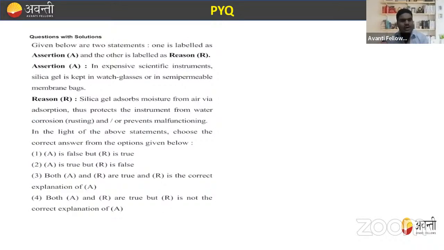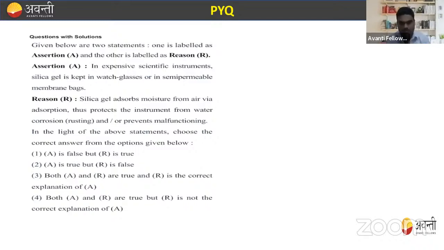Now, given below are two statements. One is labeled as assertion and the other as reason. Assertion: in expensive scientific instruments, silica gel is kept in watch glasses or in semi-permeable membrane bags.